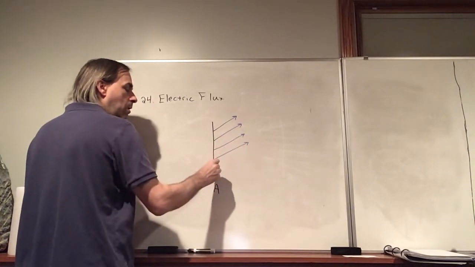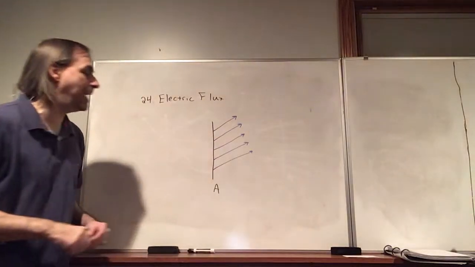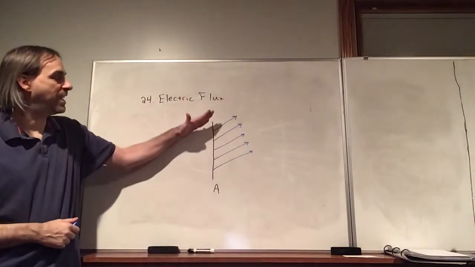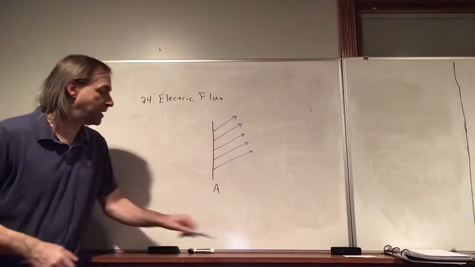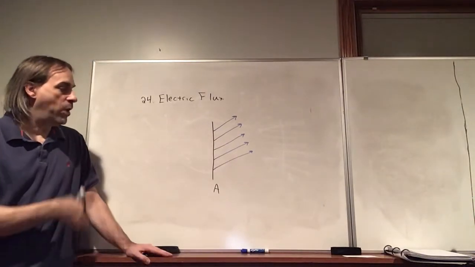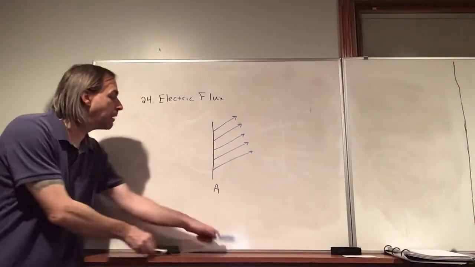Before, I had them just going straight through, but now let's say there's an angle between them. So again, we're still considering these parallel electric field lines, just for simplicity, but we can generalize this to more general cases later.